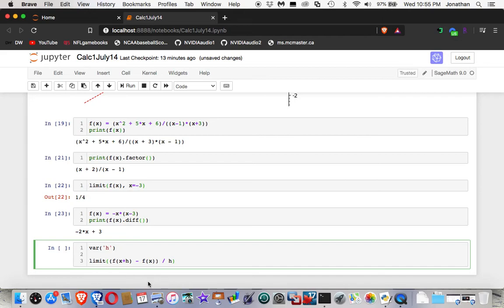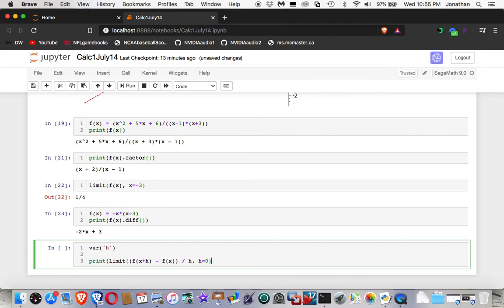And what's nice is that when I've got the cursor by a closed parenthesis, the corresponding opening parenthesis is highlighted in green. So it's nice to make sure that you don't have any parentheses that are open. Okay, so we have our quotient f of x plus h minus f of x, all divided by h, and we're taking the limit as h goes to 0.